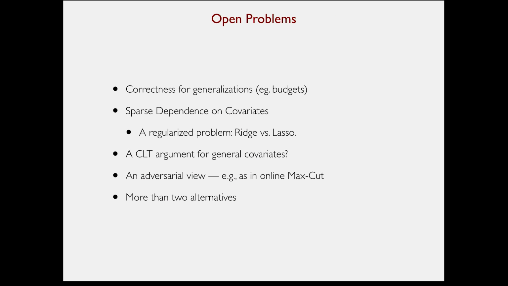What I wanted to talk about, in parting, are some of the open problems that this leaves. First, one is proving correctness for generalizations. Once you write down this dynamic program like I did, it's pretty easy to start writing down dynamic programs for all sorts of variants of this optimal A-B testing problem.